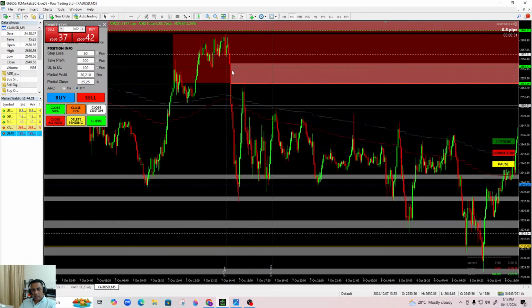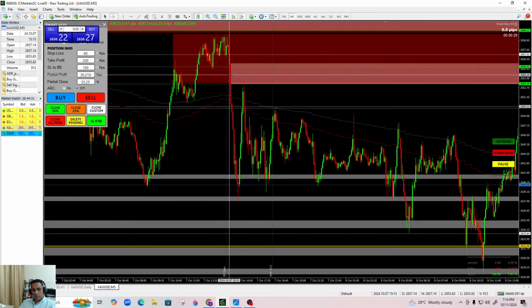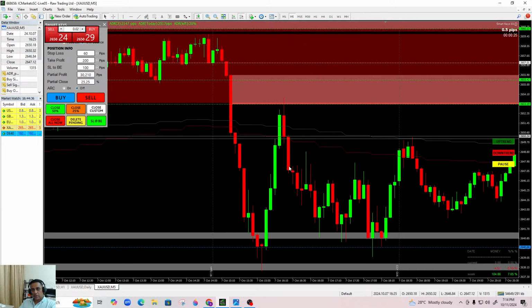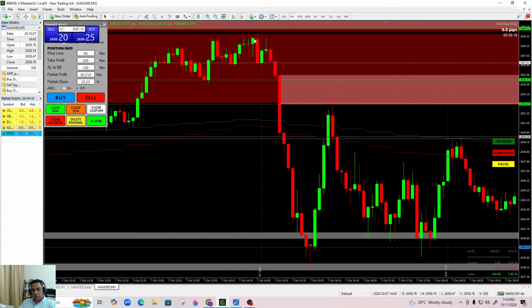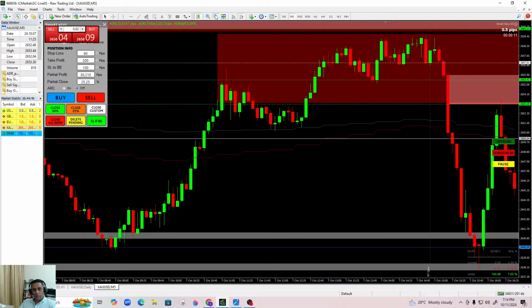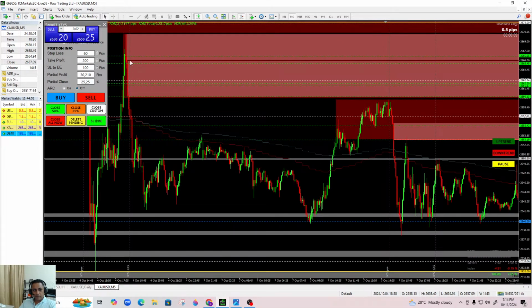So this candle may not hold. Once price breaks this high, there is nothing to stop price from going right through this zone, okay? There's nothing to stop price because there's no significant bearish candle here to hold price. So once we break it, we are coming into this candle.